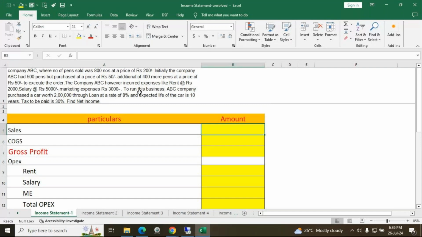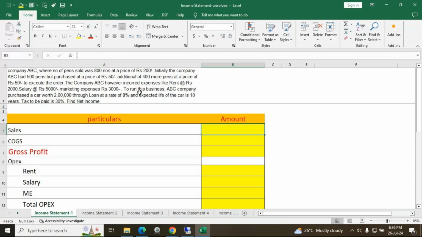Initially, the company ABC had 500 pens purchased at a rate of 50. Additionally, 400 more pens at a price of 50 to execute the order. So totally they bought 900 pens at the rate of 50 rupees, and out of those 900 pens, they sold 800 pens at the rate of 200.